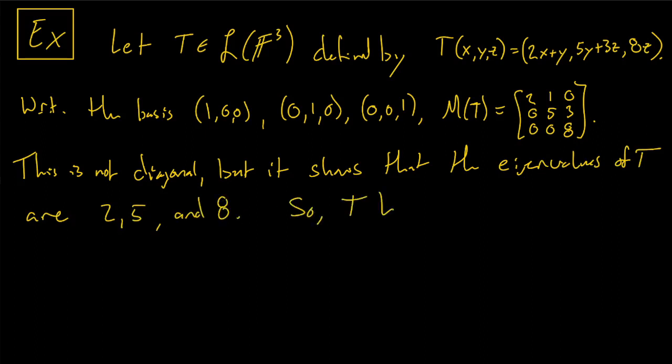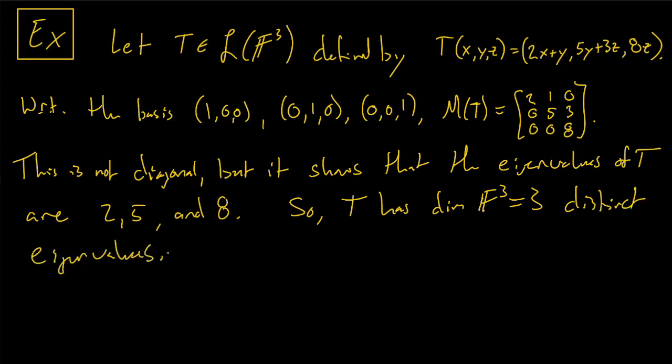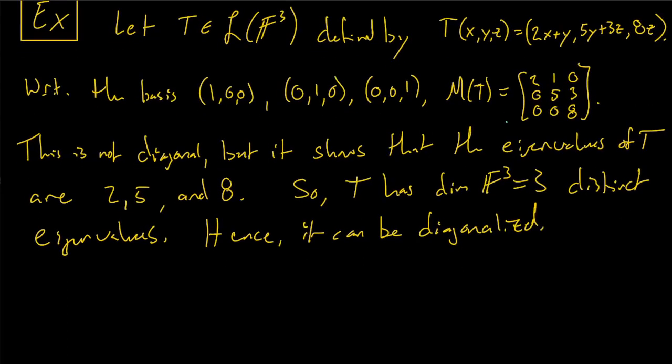So T has the dimension of F3, which is 3 distinct eigenvalues. Hence, it can be diagonalized. Oh, cool. So we can diagonalize this guy.